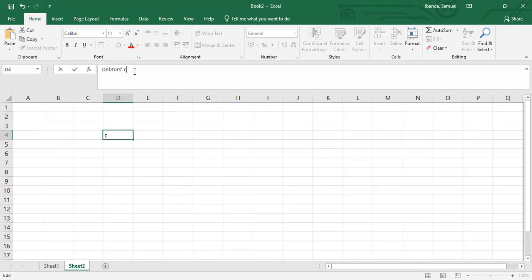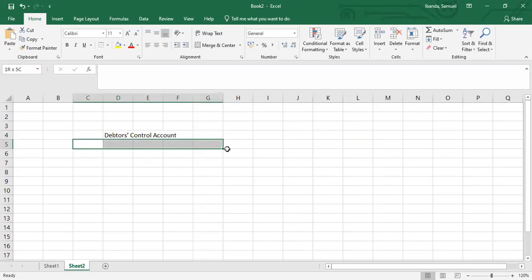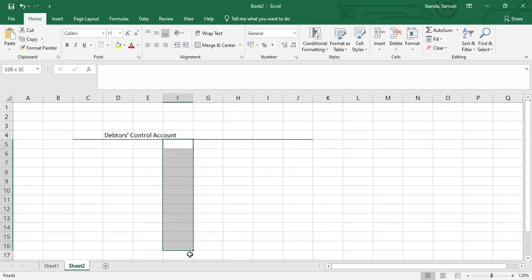Since we don't have a name here, let me just try to draw my T account right there.